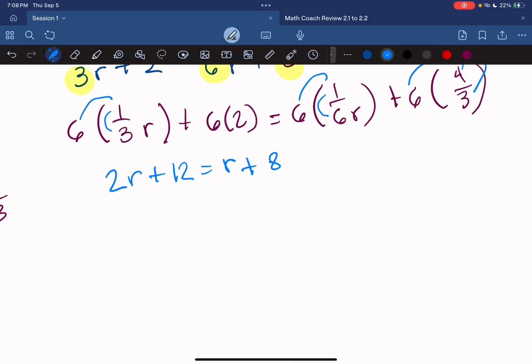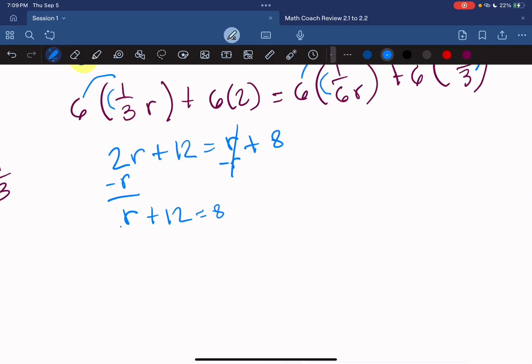So we have an r here, so why don't we subtract this r, so that would be minus r, and 2r minus 1r is going to be r, because 2 minus 1 is 1, but once again, we don't have to write the 1, plus 12 equals 8.